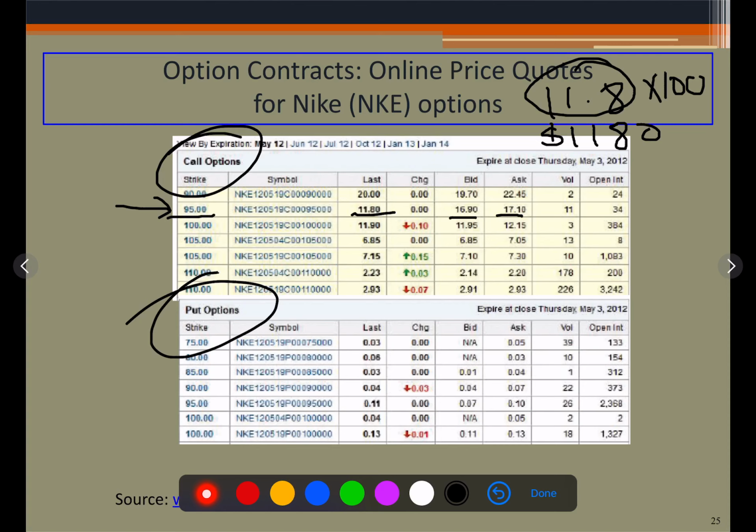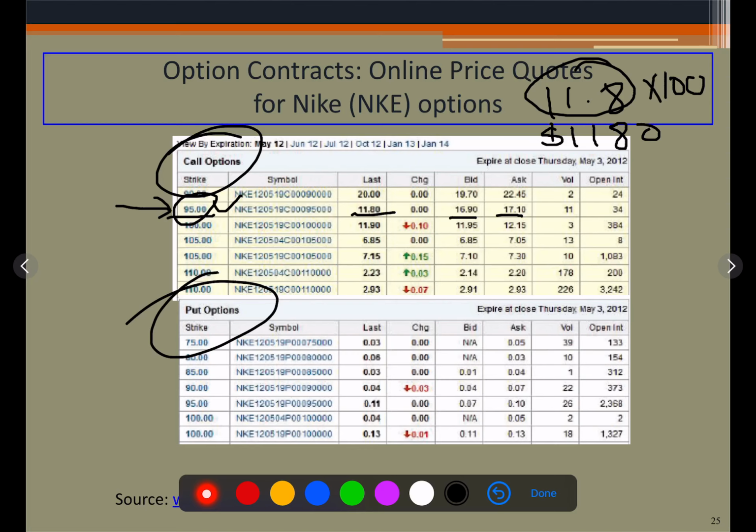So if I buy this call option, this will give me the right to buy 100 shares, each share at a $95 price, and I need to pay $11.8 for each share to the seller of the call option contract.